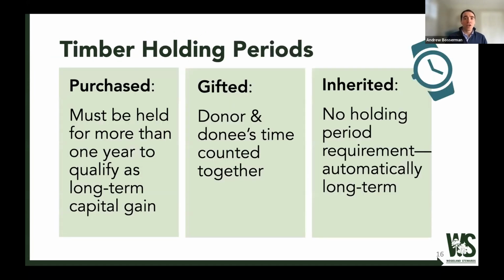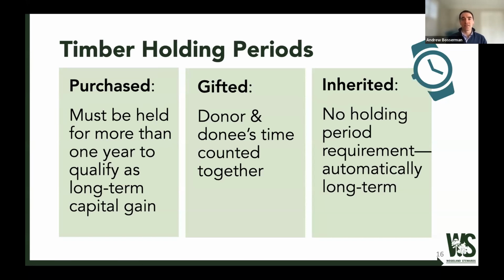So let's talk about holding periods. This is important because we know it has to be more than 1 year. If you purchase the timber, you must have owned it for more than 1 year to qualify for long-term capital gains. If you've received the timber as a gift, then the donor's and donee's time is added together to determine the holding period.